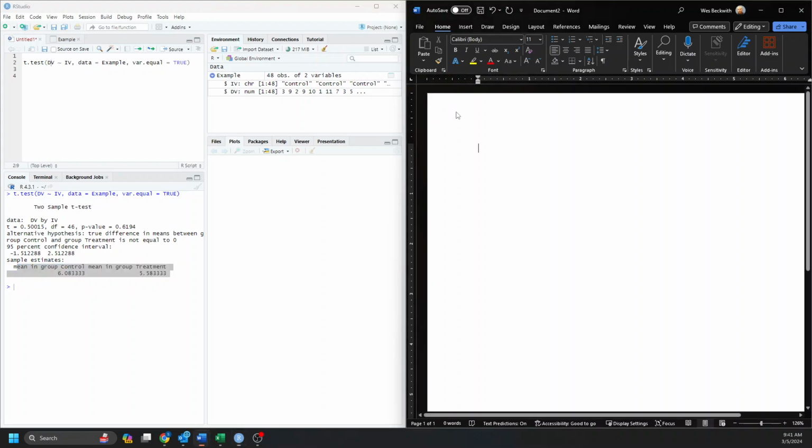Okay, so when you actually go about reporting a t-test in APA style, you never actually say the null hypothesis was rejected or retained.